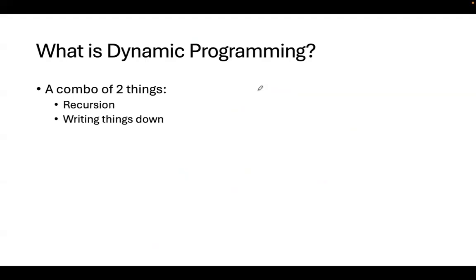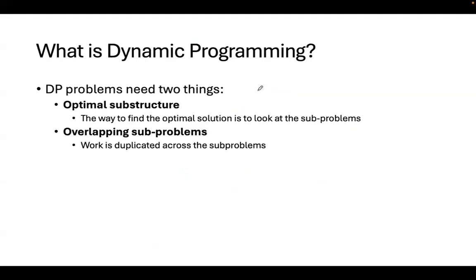So we got there from recursion. In terms of what we need, a dynamic programming problem is characterized by needing an optimal substructure, which means that the way to find the optimal solution is to look at the subproblems. So the bigger solution isn't easy enough. We need to break it down.